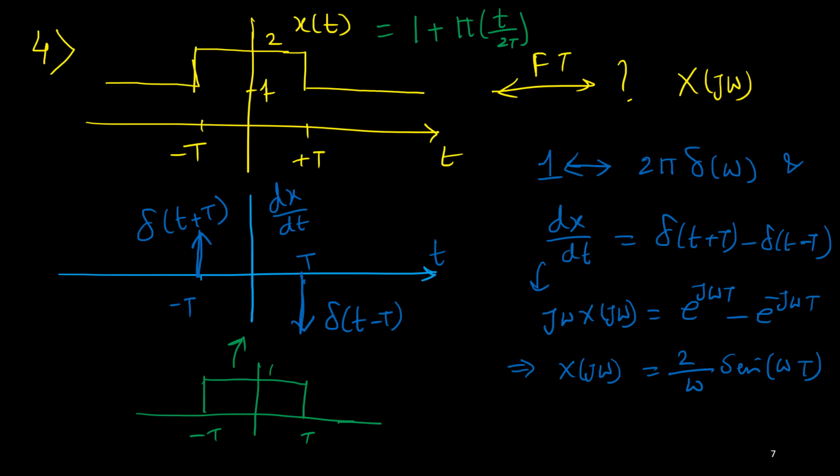Okay. So the original signal X of j omega should include both this as well as this.